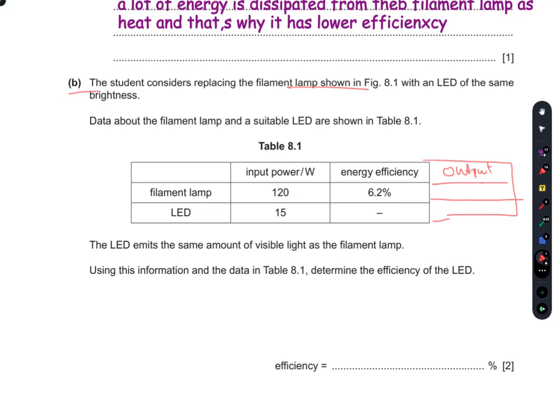Now the efficiency of the filament lamp is 6.2%. To calculate the output, you multiply the efficiency with the input, and you have to take the efficiency not in percentage but in numerics.